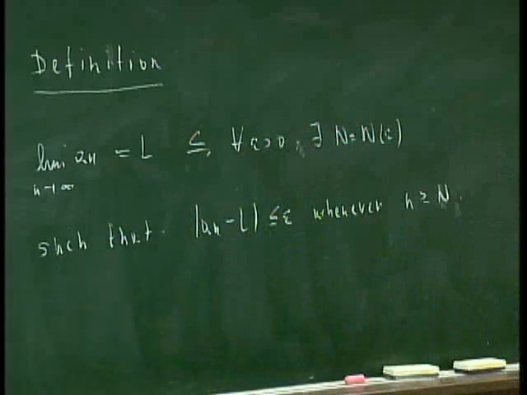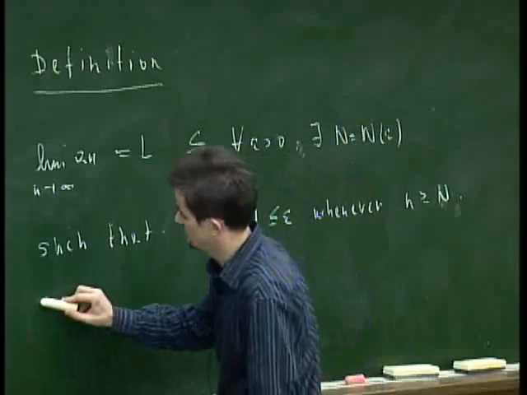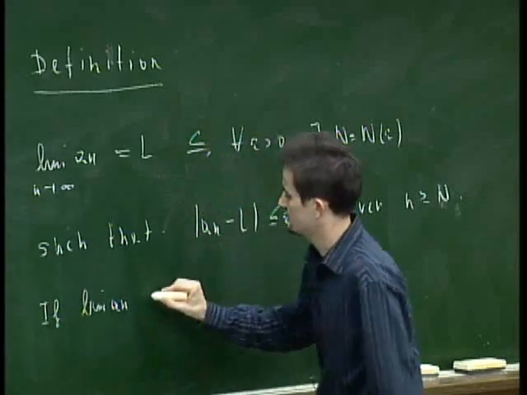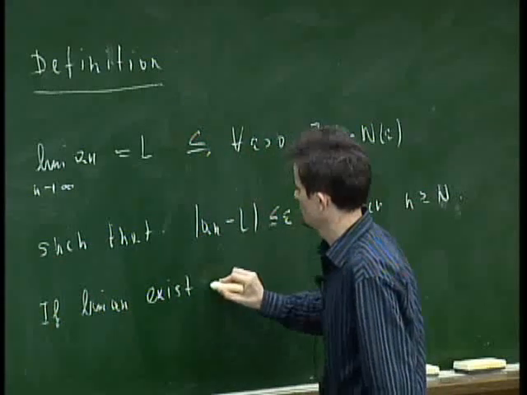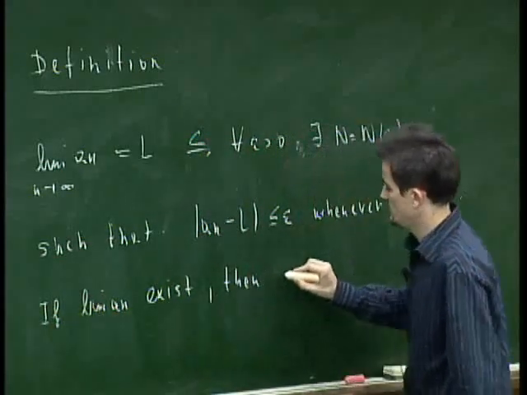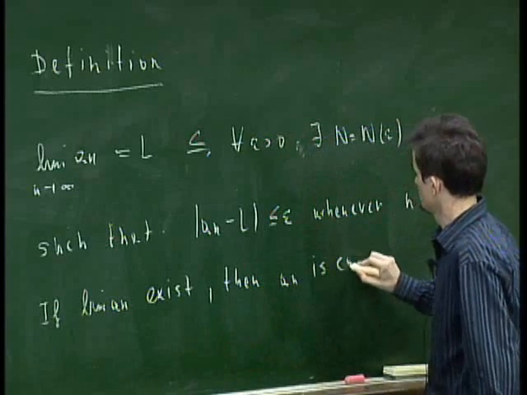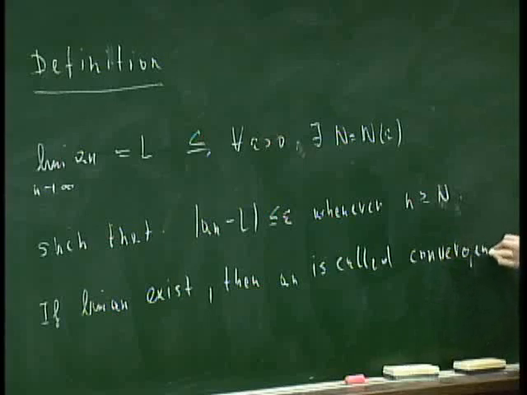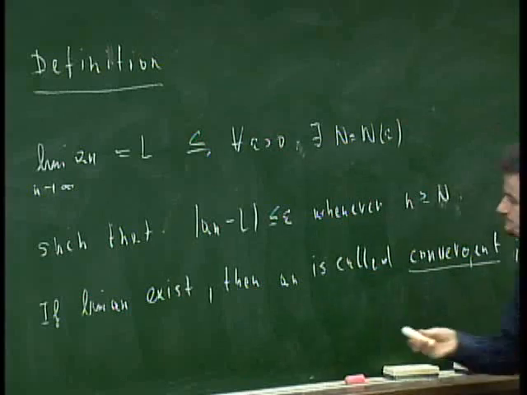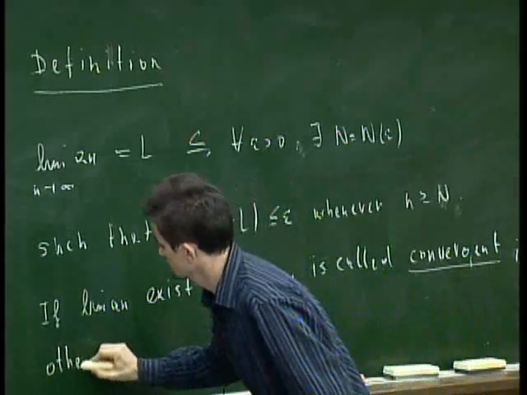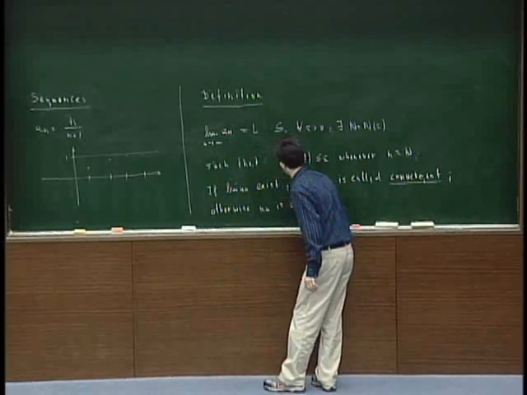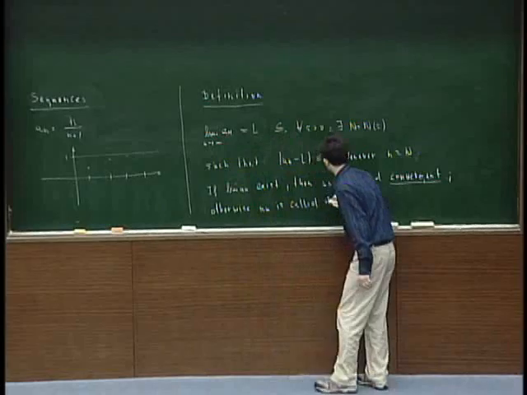So if the limit of a_n exists, then a_n is called convergent. Otherwise, a_n is called divergent.